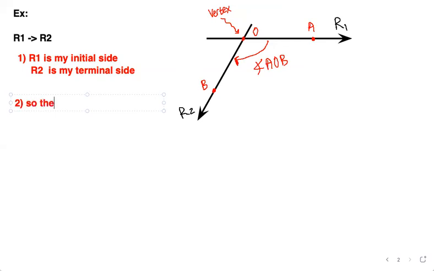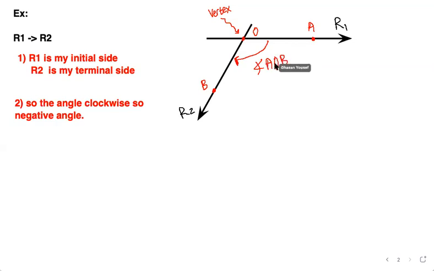So the angle is clockwise, so it is a negative angle. This angle must be negative, like negative 30 or negative 50 or negative 70.